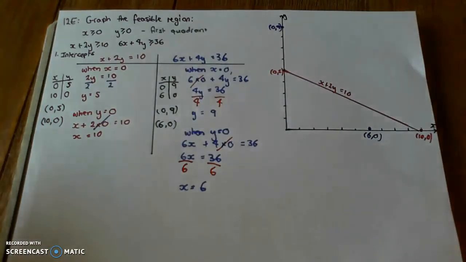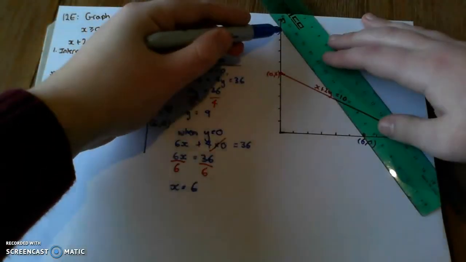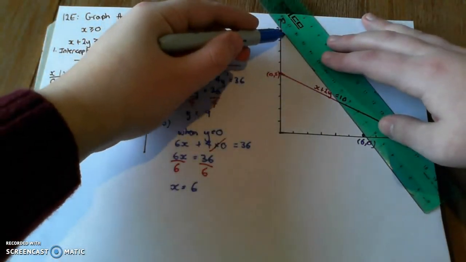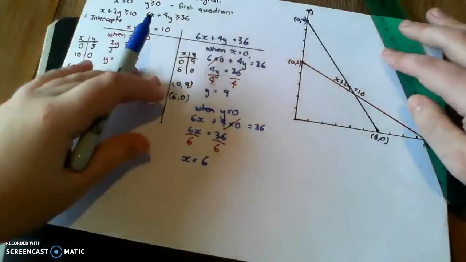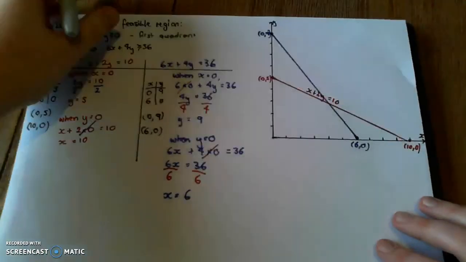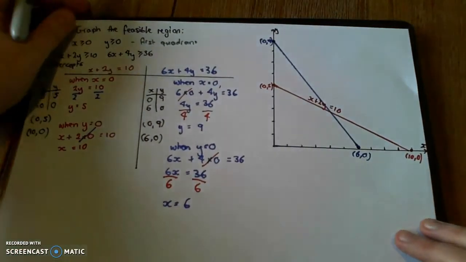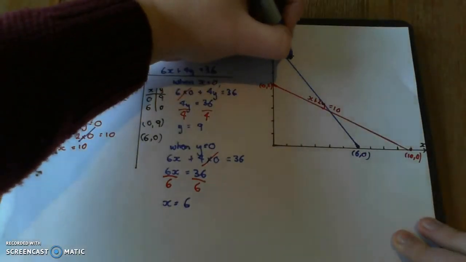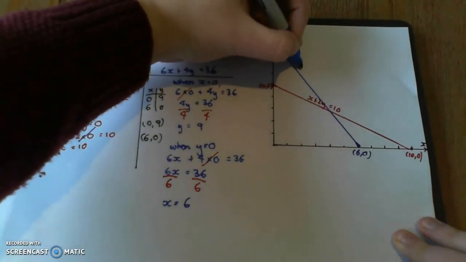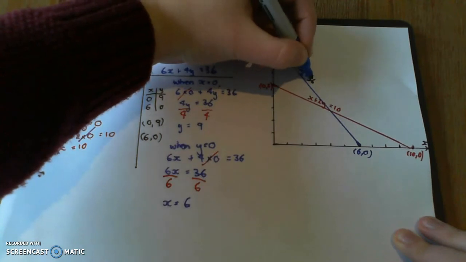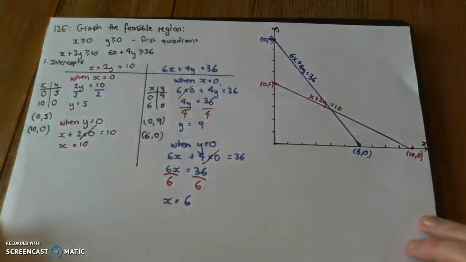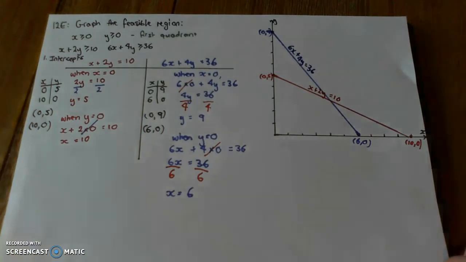So we can now draw in this line. And we can label this one, I'll see if I can write this on the side. 6x plus 4y is equal to 36.